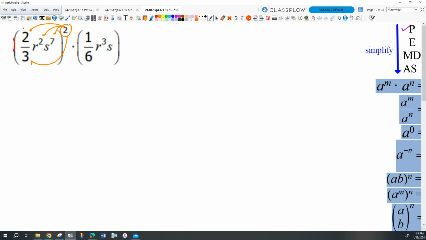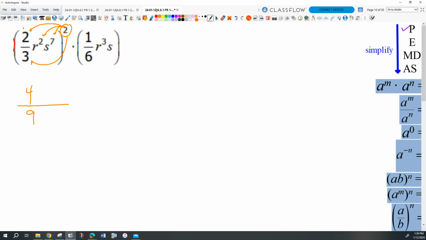So that's going to give me, I want to try to write this as one big fraction too. So, okay, 2 squared is going to give me a 4 on the top. What about the 3? On the bottom, okay. What about when I distribute to the r squared, what am I going to get? R to the 4th. On top or bottom? Top, right?